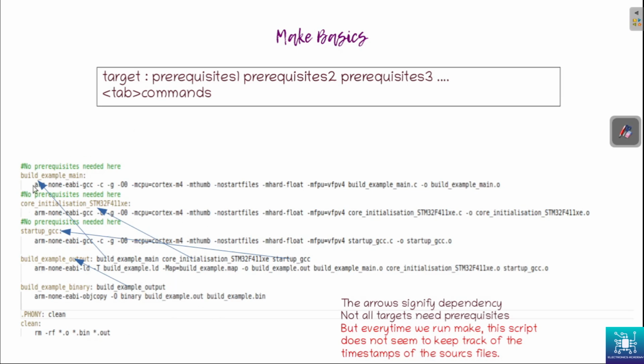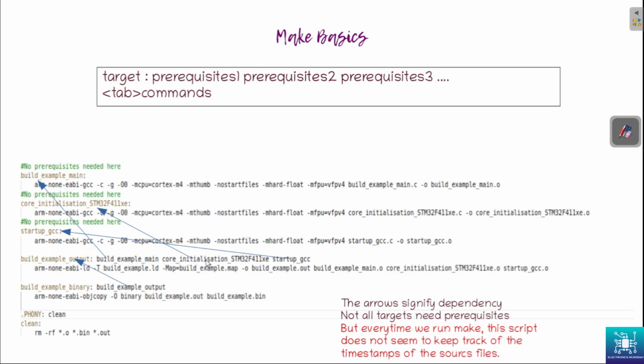Now the problem with this is, suppose after the make process you update the core initialization STM32F411XE C file here. When you run make, it will not rerun the process here because it is not able to associate this with a file name.